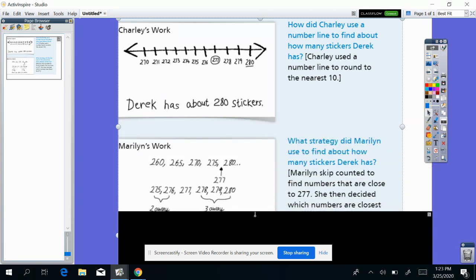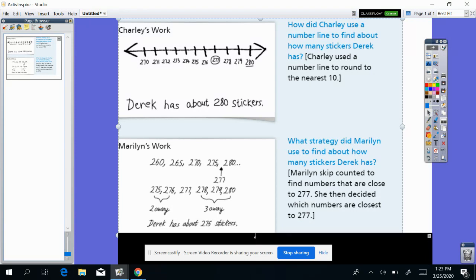Marilyn did something a little bit different. So what strategy did she use to find out how many stickers Derek has? What she did was, it looks like she skip counted to find numbers that are close to 277. Then she decided which numbers are closest to 277. Okay, so if you notice, she figured 277 would be in between 275 and 280.